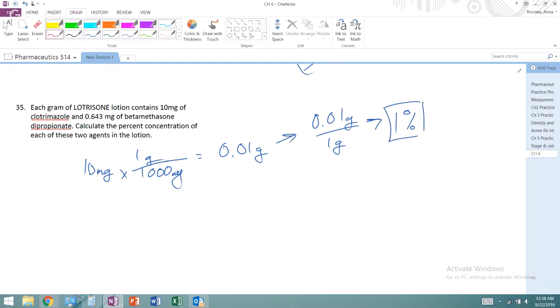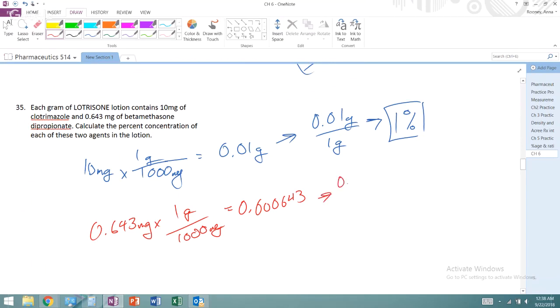Let me change colors here. And then 0.643 milligrams. Convert that, and that is 0.000643 grams.